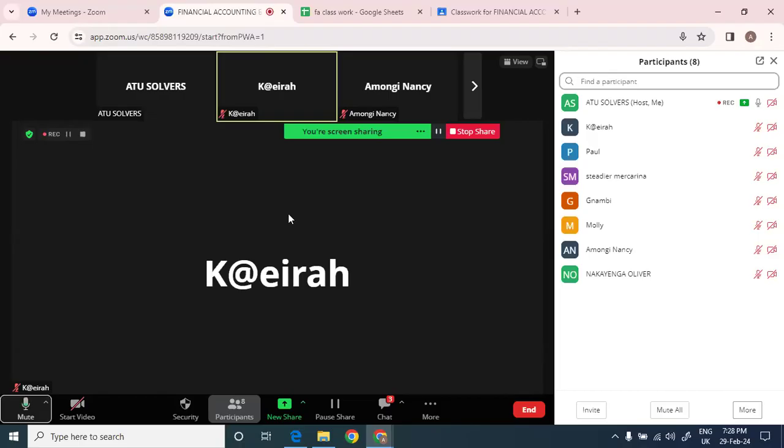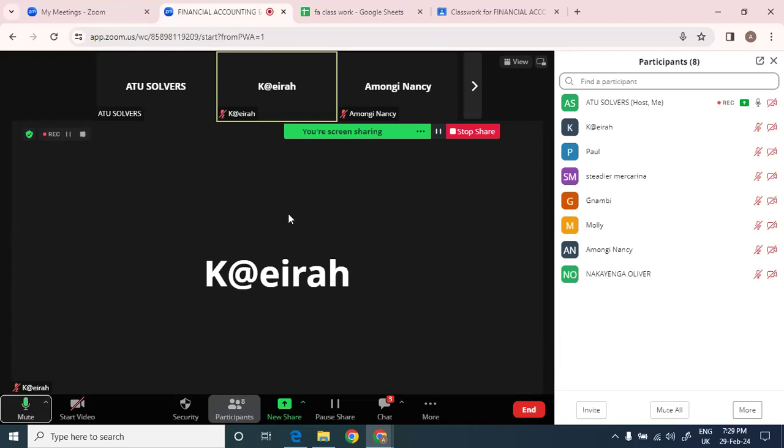One is at initial recognition, in brackets, the cost model.